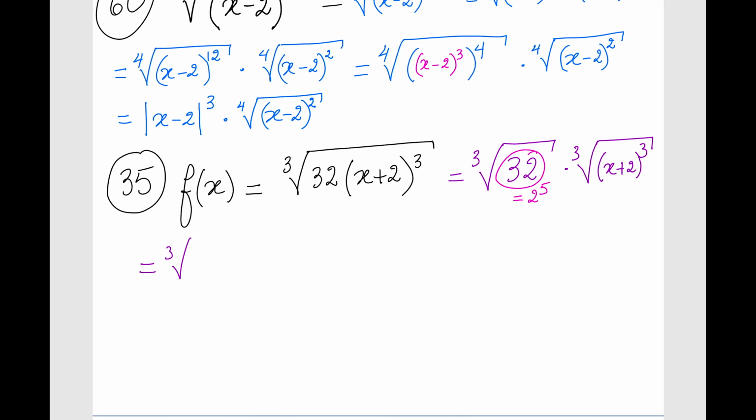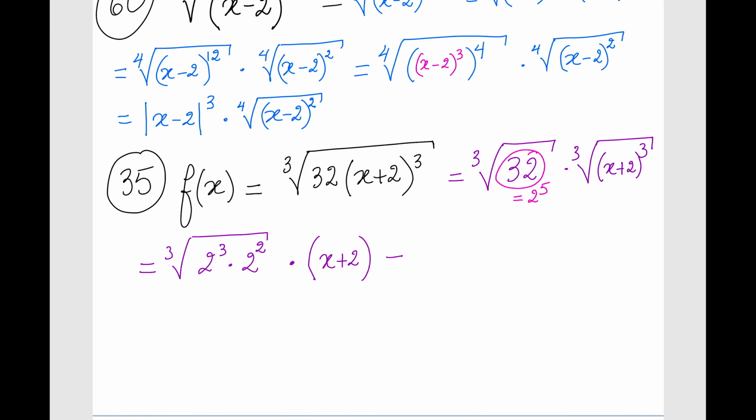So we get the third root of 2 cubed times 2 squared, right? Because 2 cubed times 2 squared is 2 to the power 5, times this. This is the nth root of a to the n. It's the same n, and it's odd, so they undo each other in a clean way, and you get x plus 2. Correct?